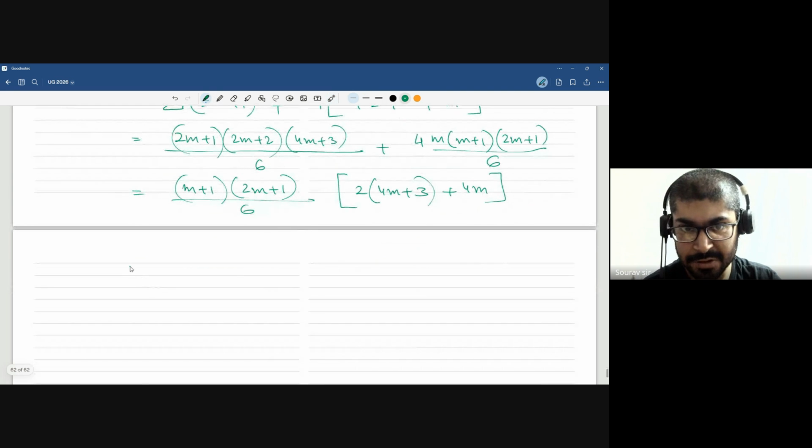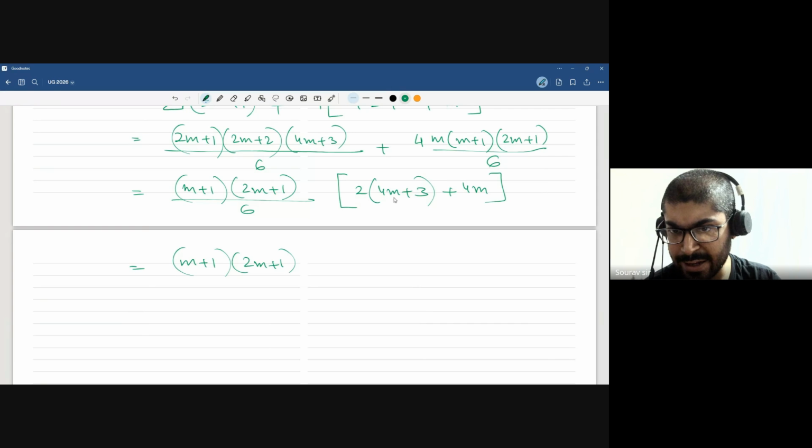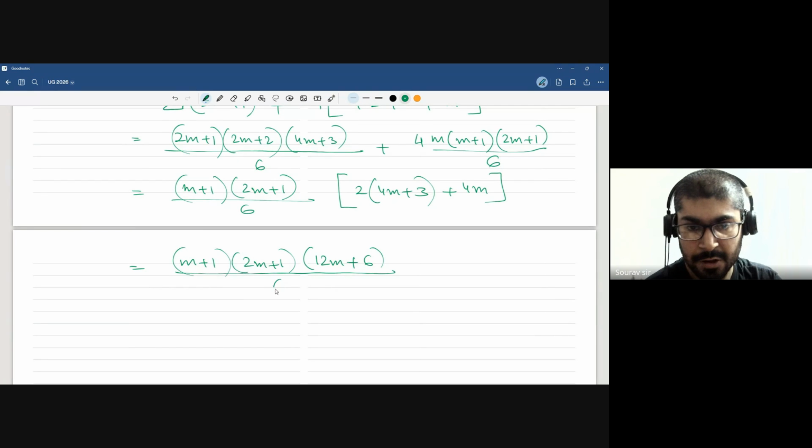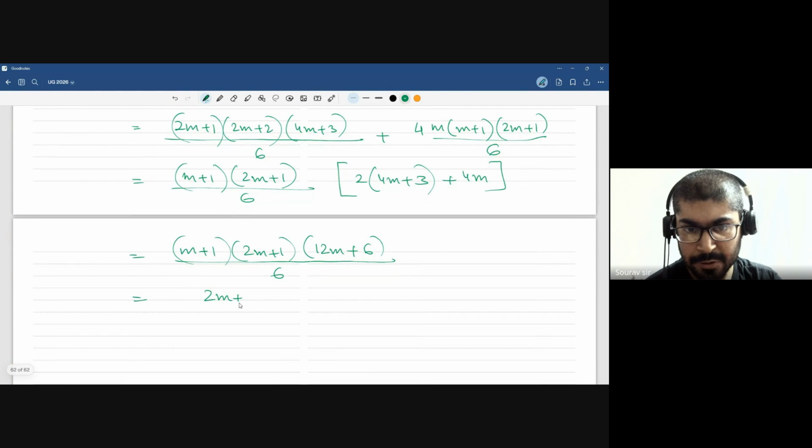And this becomes m plus 1 into 2m plus 1 into, this is 8m plus 6, this is 12m, 8 plus 6, right? So what does this become? This becomes 6 common. That will be 2m plus 1. So it will become just 2m plus 1 whole square.